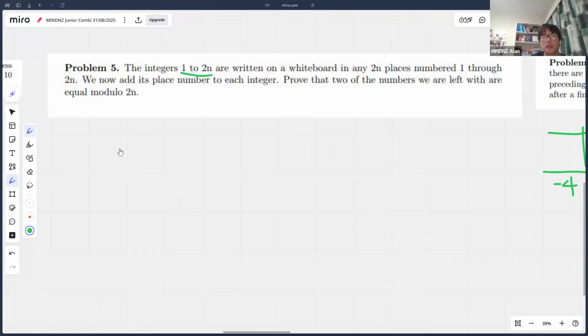So our 2n places are the first place, second place, all the way to our 2nth place. And then we can have like 3, 4, and then something random, and then we can have like 1.